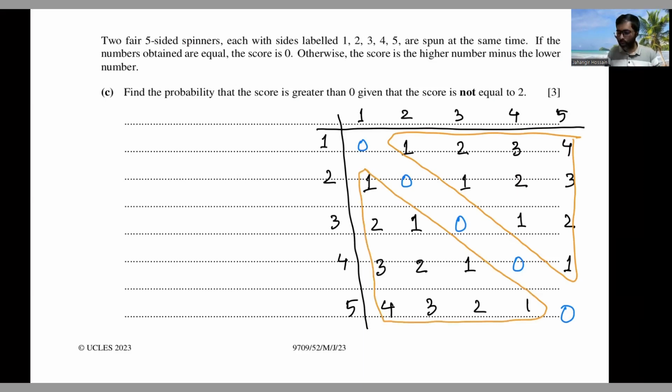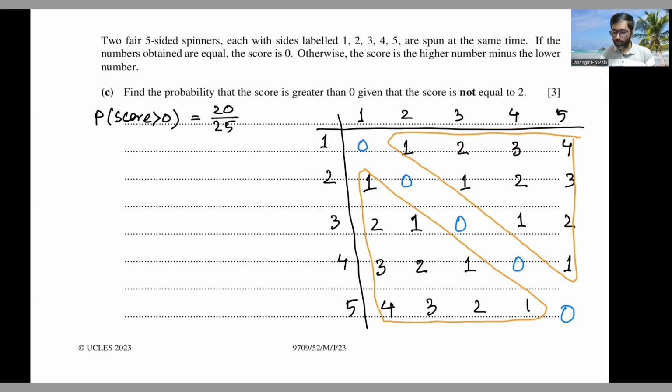There are a total of 4, 3, 2, 1. 4, 3, 2, 1. That's 10 above and 10 below. So 20. The probability of the score being greater than 0 is 20 out of 25.